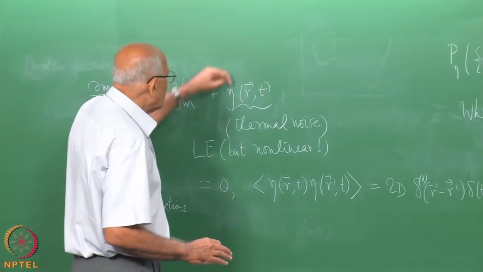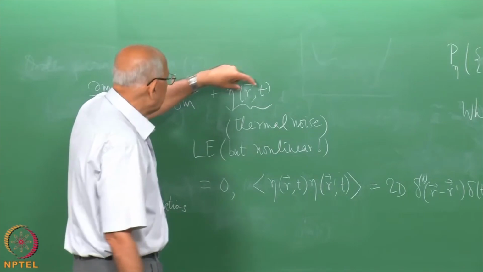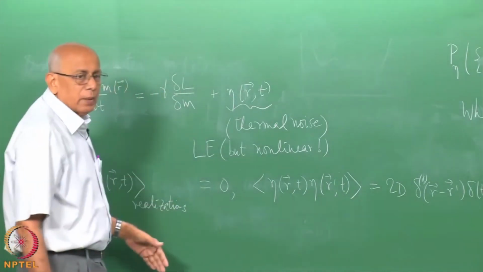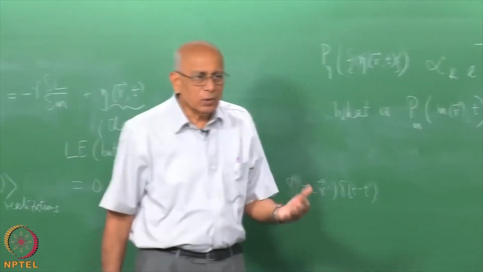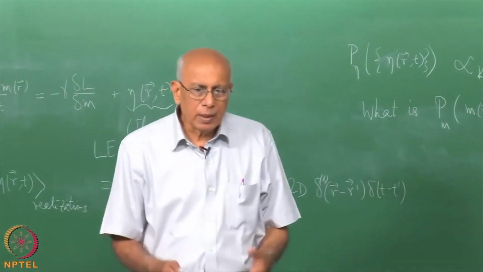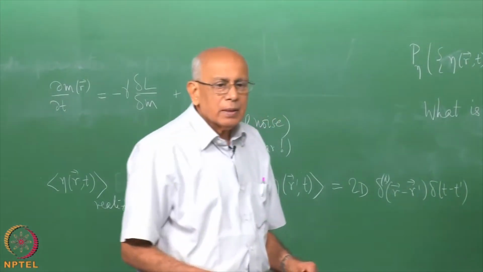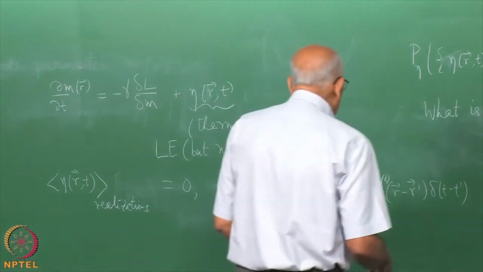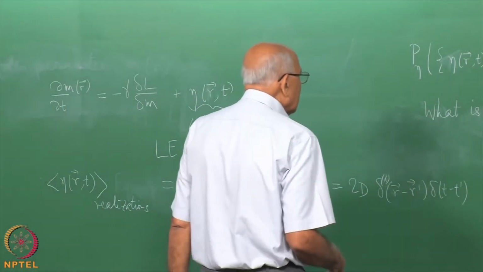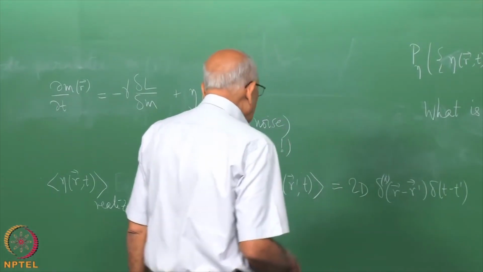Given a Langevin equation, the statistics of this eta, the fact that it is Gaussian etc., how do you get the Fokker-Planck equation from it? Now, I just made the statement that we have a Fokker-Planck equation, we looked at its equilibrium and so on, but one can make this a little more rigorous. One can do that fairly easily as follows, and we want to do this in this functional case. So, let us go about it in the following way.